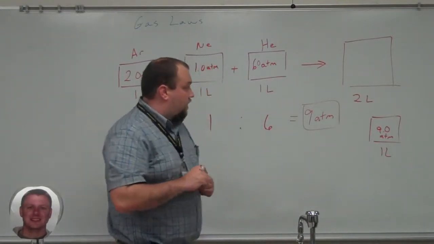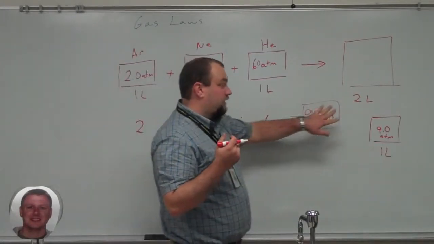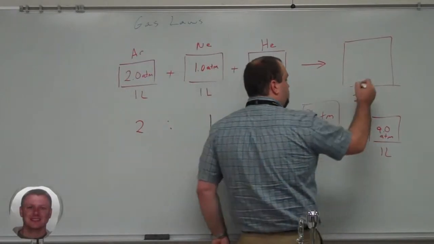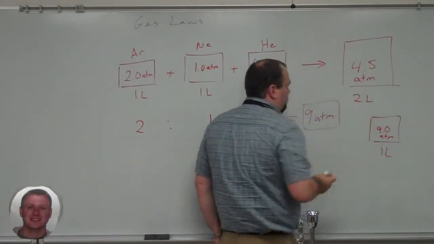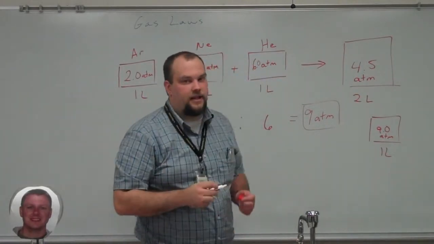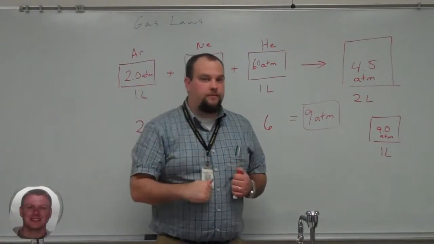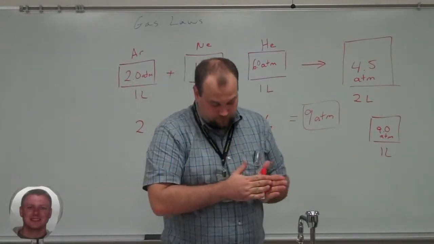Hopefully at this point you either know exactly what happens, or you know maybe let's plug it into the combined gas law and see. Turns out if I double my volume, I cut my pressure in half. The answer is 4.5 ATMs, 4.5 atmospheres. I double my volume, I cut my pressure in half. Okay? It's an indirect relationship.